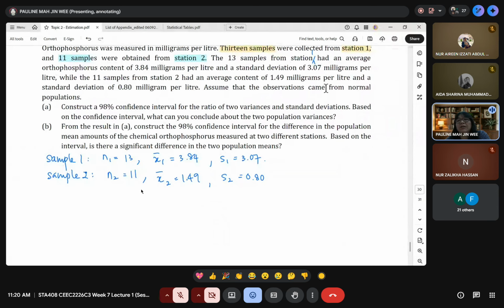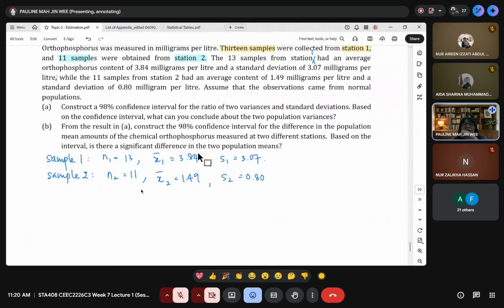And then here it says, assume that the observations came from normal populations. So basically what you know is that based on these two, if you want to check on means, you have this problem of sigma unknown. Now, if you have sigma unknown, you will have to know what the assumption of your variances would be.